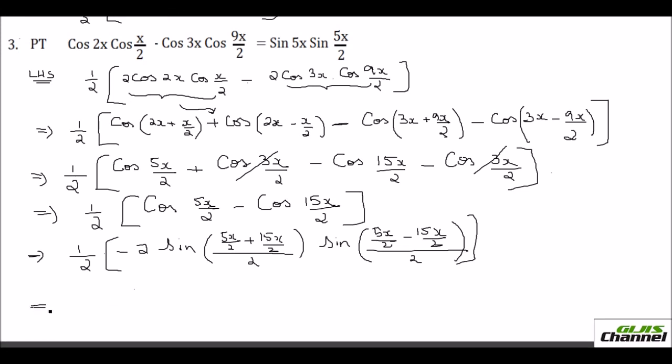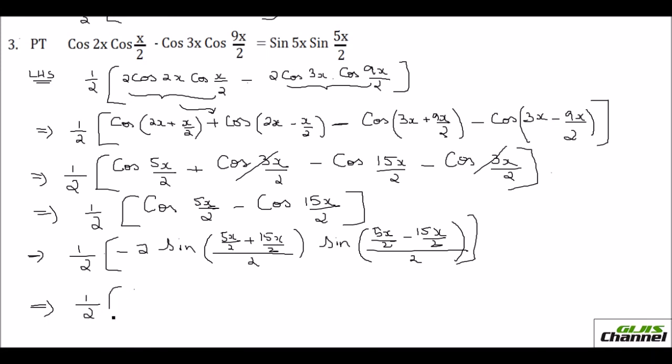So this implies it is half. When you solve this, it is going to be sine 5x times sine minus 5x over 2. So this 2 and 2 will get cancelled.